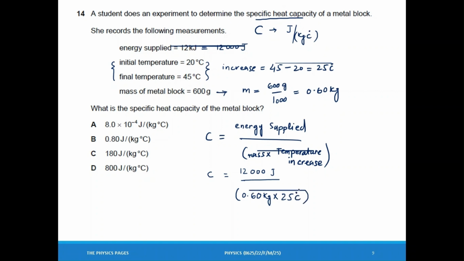So if I calculate, I get specific heat capacity is 800 joule per kilogram per Celsius rise in temperature. So option D is the right choice for this answer.